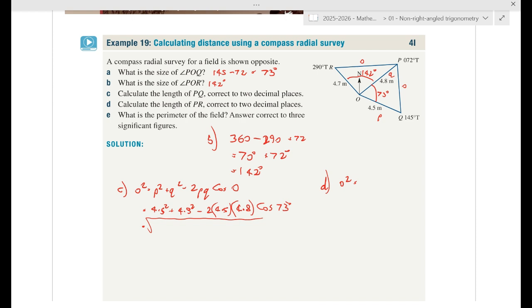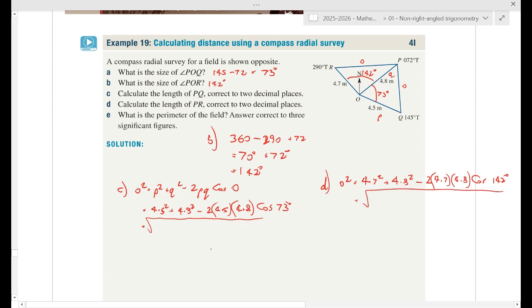So the actual formula is going to look exactly the same, but this time you're going to have 4.7 squared plus 4.8 squared minus 2 times 4.7 times 4.8 cos of 142 degrees. So exactly the same process, and you have to find the square root of that.